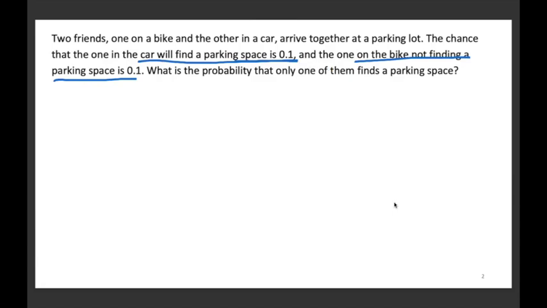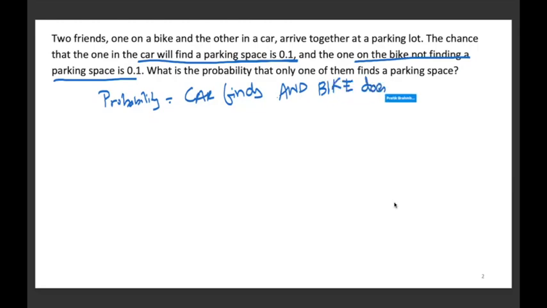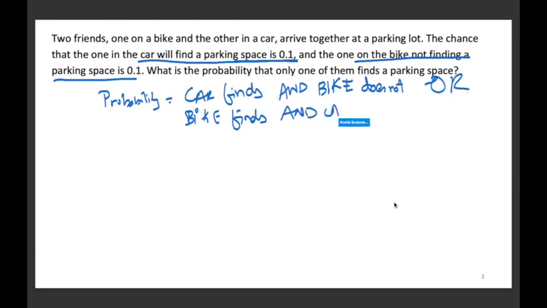So the probability that only one of them finds a parking space will be the scenario where the car finds, but the bike does not, or the bike finds a space and the car does not.